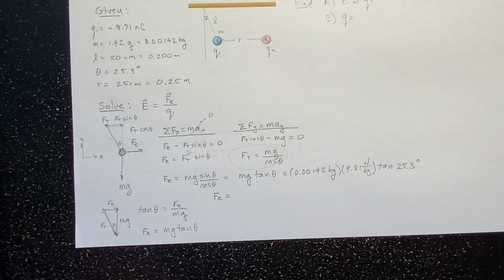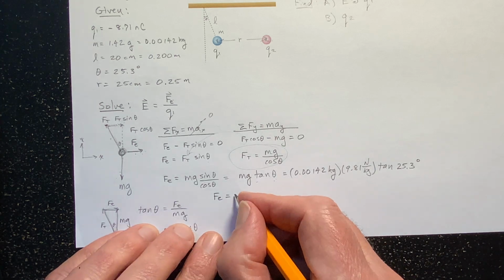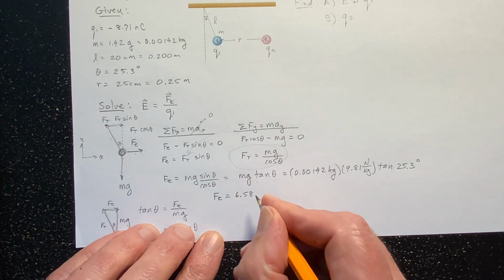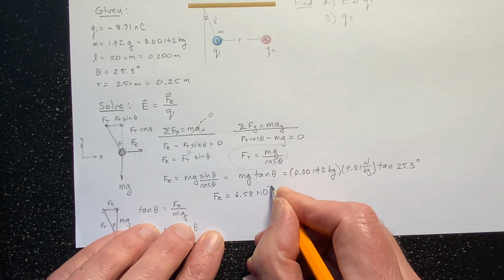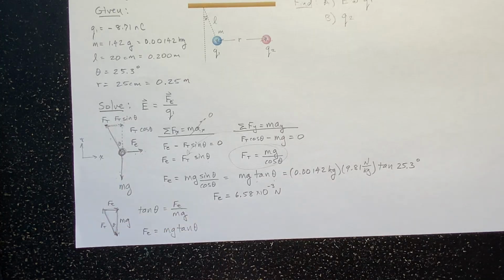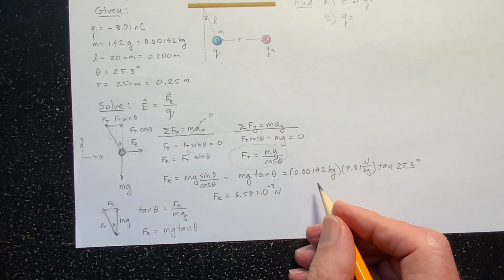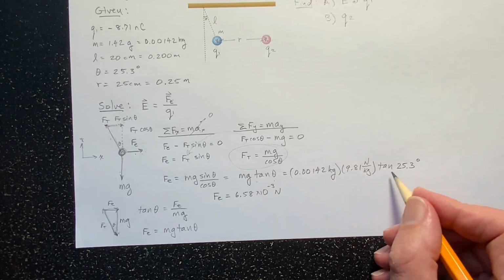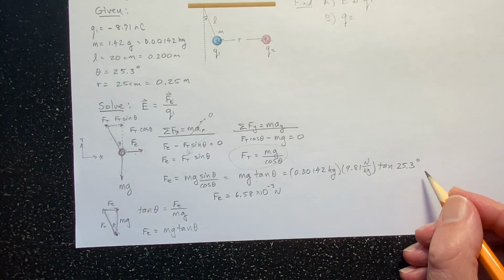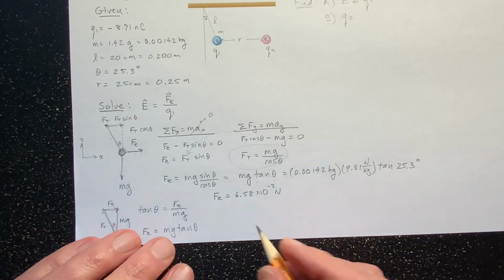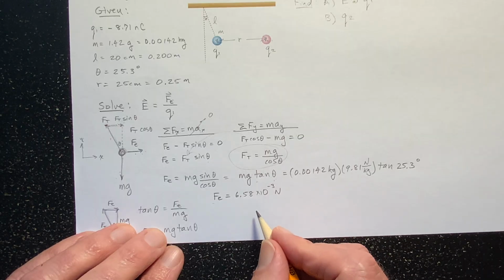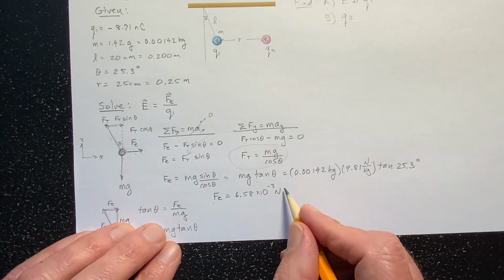Oh, okay. 6.58 times 10 to the negative 3 newtons. Okay. 0.00142, did I do that right? I'm just checking. 9.81 tangent 25.3, is that the angle? Yeah, okay. So this is the electric force now.